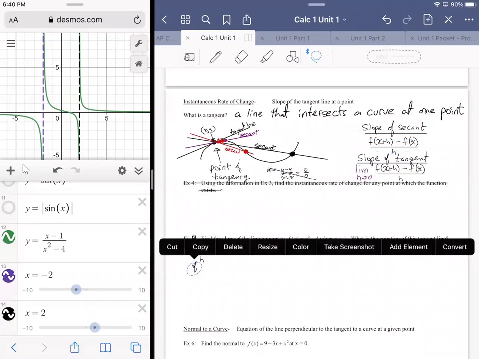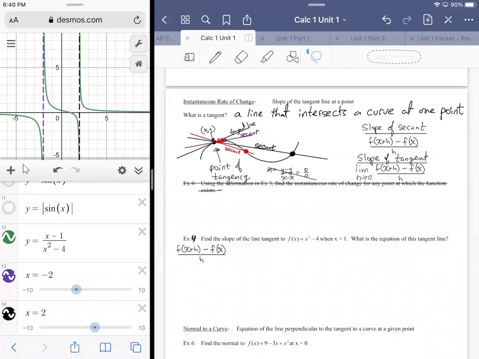We know what f of x is. It was given to us. I just need f of x plus h. I need this piece. So f of x plus h is what you would get if you took your original function and replaced every x with an x plus h.